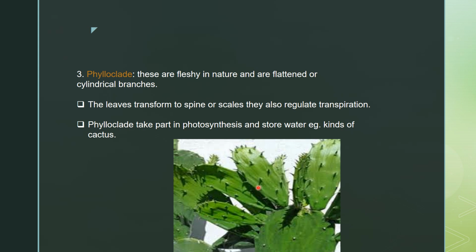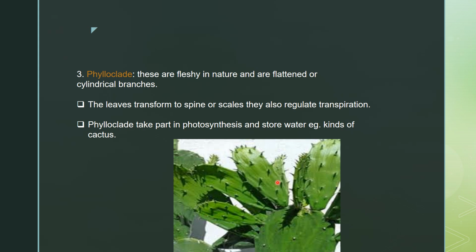structure. In the situation of phylloclade, the leaves transform to spines, as you see in the picture, or scales. They also regulate transpiration.